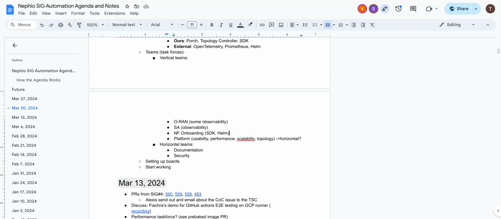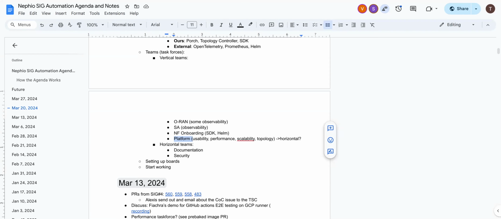I'm not totally up to speed on what our user stories are there and what our ambitions for R3 are regarding that, but it's definitely ongoing and important work. And a platform team, which should address many issues we have with Porch and our system generally.